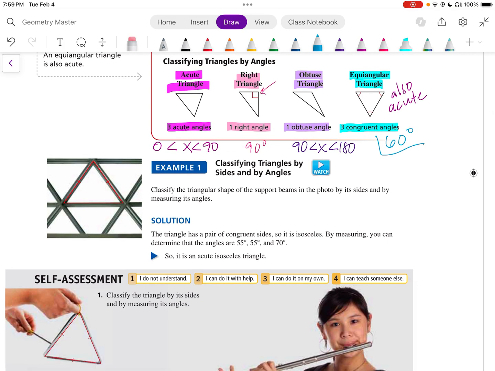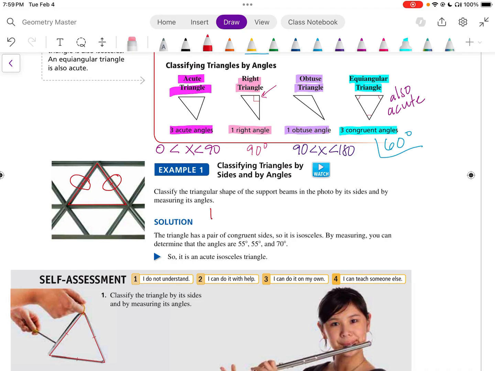All right, so how can we classify? We need to classify by sides and angles, and we need to look at what's marked. Right here, it's really hard to see, we have two sides that are marked congruent. So if two sides are congruent, it's going to be isosceles.